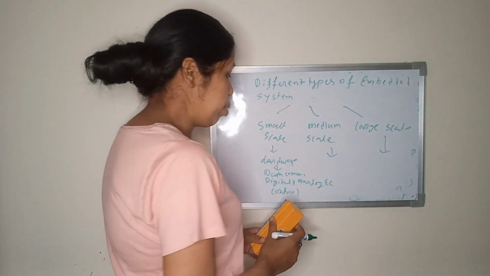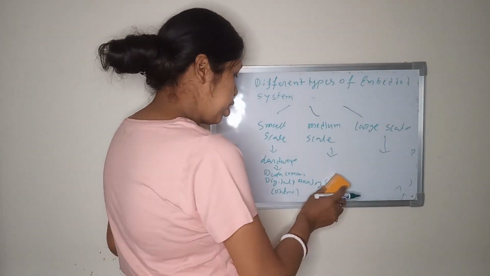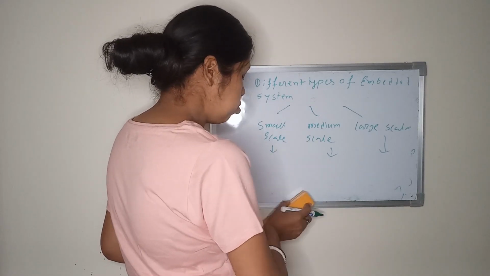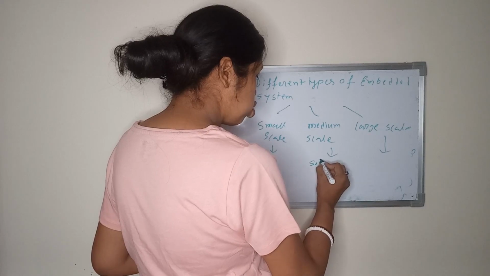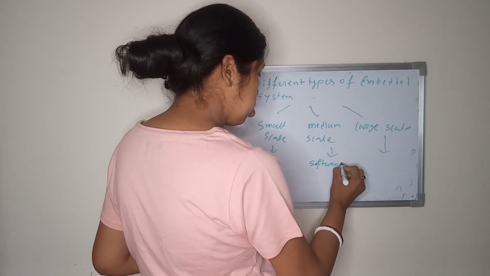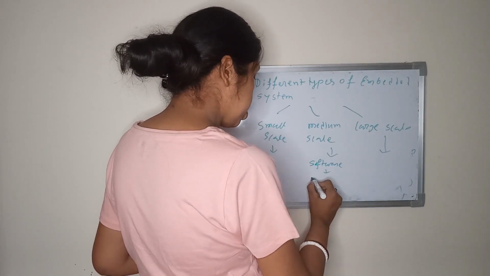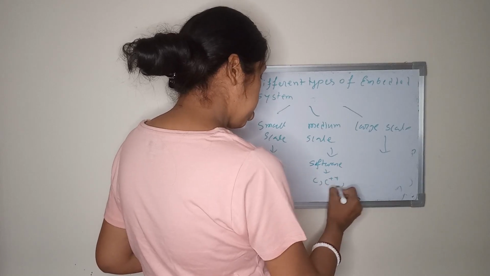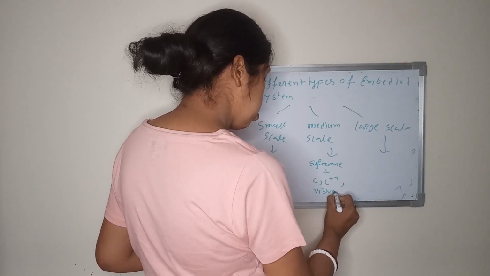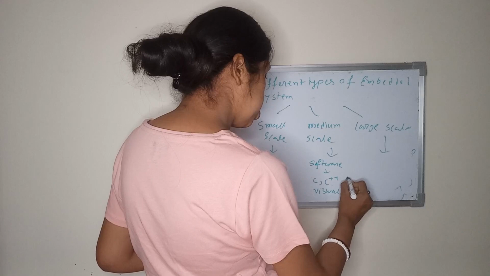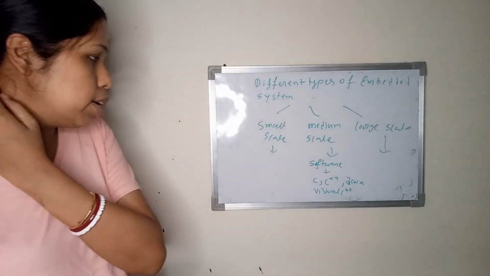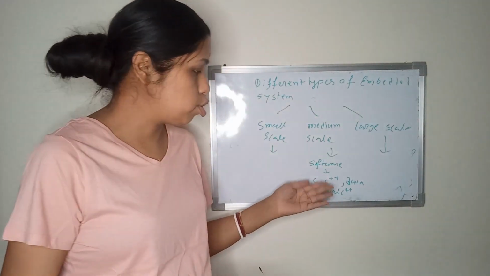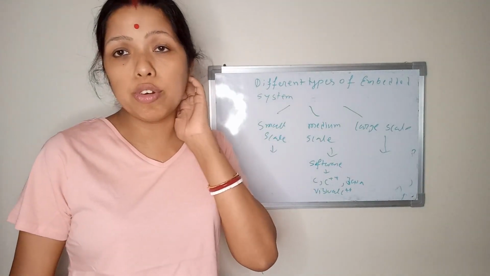But for a medium scale embedded system, you normally need hardware knowledge as well as software knowledge. What knowledge? C, C++, Visual C++, Java. These are mainly required. From the software side, you need small, simple languages.